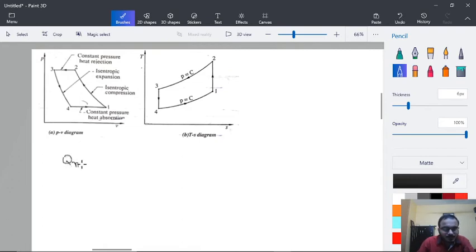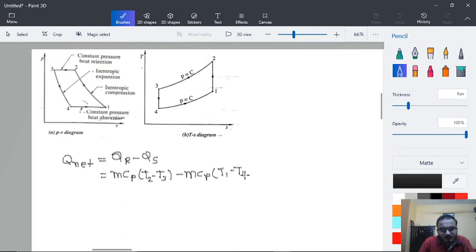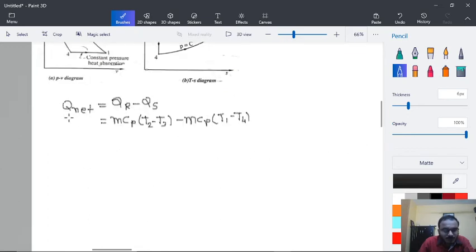Q net is equal to QR minus QS, that is Q rejected minus Q supplied. So here we can say mCp (T2 minus T3) minus mCp (T1 minus T4), and this will also be equal to our W net.